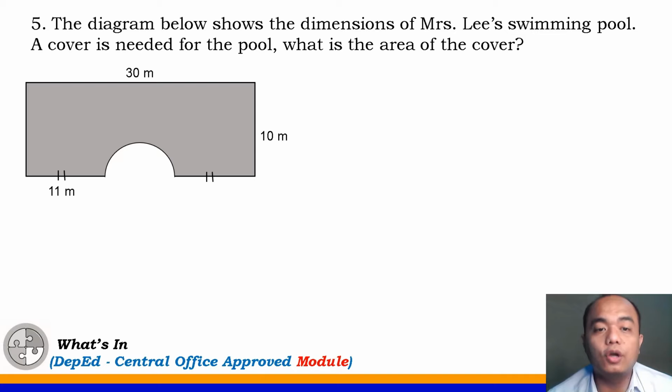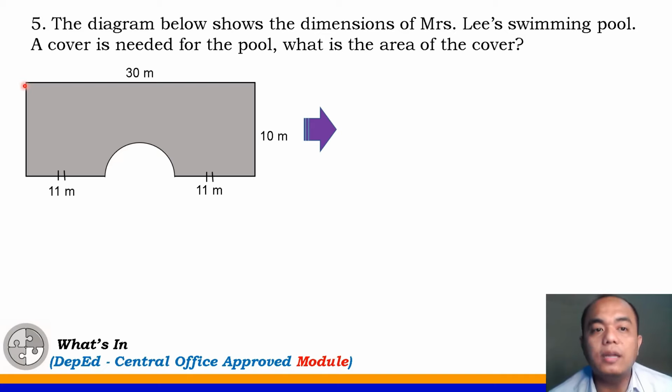Okay, of course, as you notice, may dalawang linya tayo dito. Now, anong ibig sabihin kapag may dalawang linya tayo dito? Yes, this line here and here are equal. So, kung 11 meters dito, may 11 meters din tayo dito.